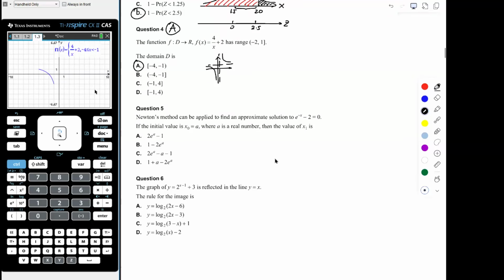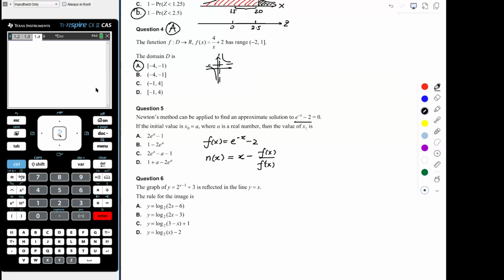Question 5. Newton's method can be applied to find an approximate solution to this equation. So we try to make f of x equals e to the power minus x minus 2. And then to use Newton's method, we use this iterative formula, x_{n+1} equals x_n minus f of x_n divided by the derivative of f of x_n.